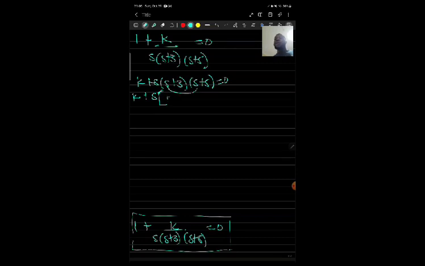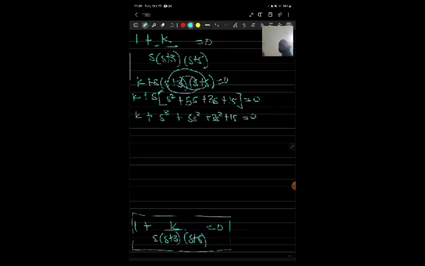This multiplied by this gives you s squared, this multiplied by this gives you 5s, this multiplied by this gives you 3s, and 3 multiplied by 5 gives you 15, equal to 0. Here again, we multiply this s through whatever is there. So we have k plus s cubed plus 5s squared plus 3s squared plus 15 equal to 0.